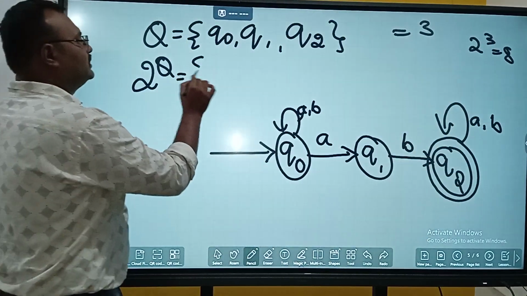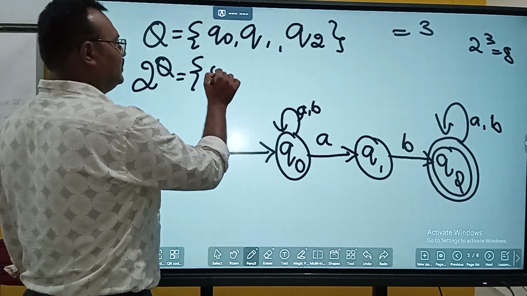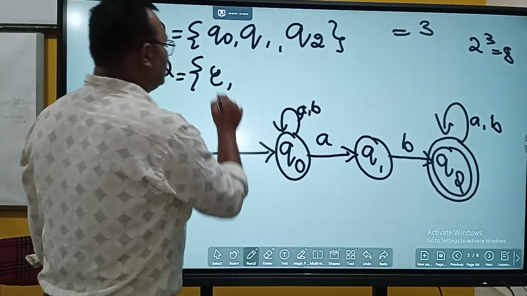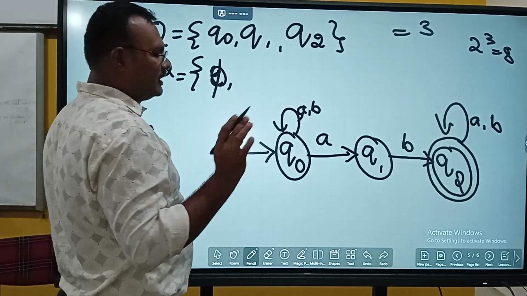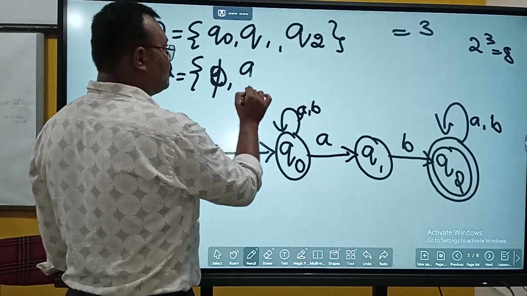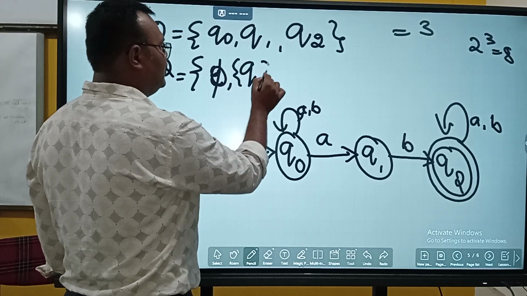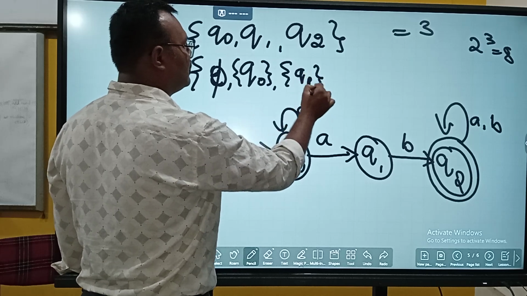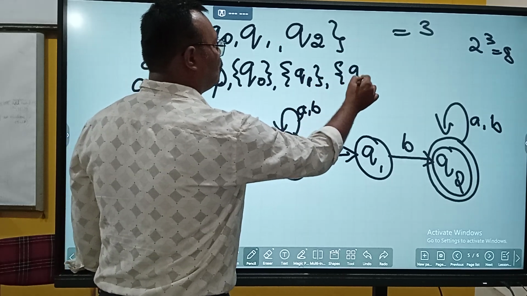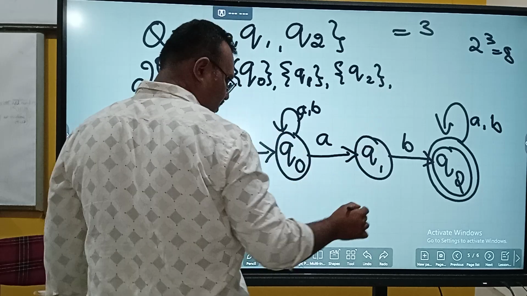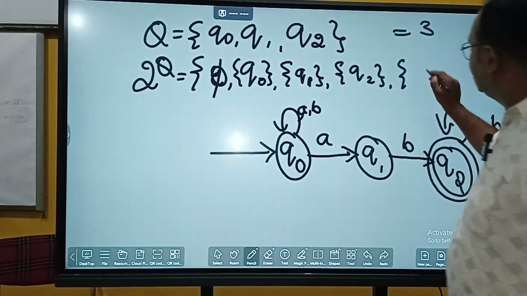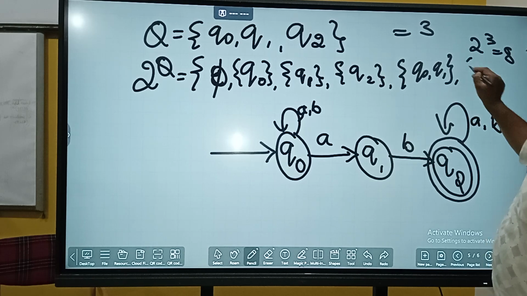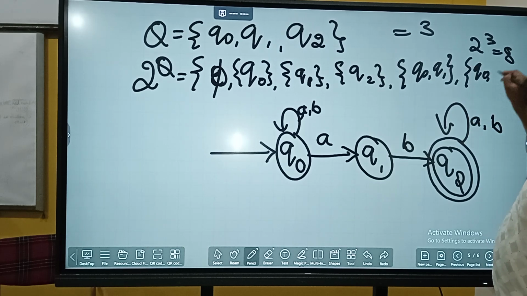What are the 8 combinations? First one is the null set. I can write it as epsilon or just null. Let me write it as null only. It is a null set. Next I have Q naught, which is a single set. Then Q1. Then I'll get Q2. Then we can get the combinations, that is Q naught, Q1. Then I'll get one more combination, Q naught, Q2.